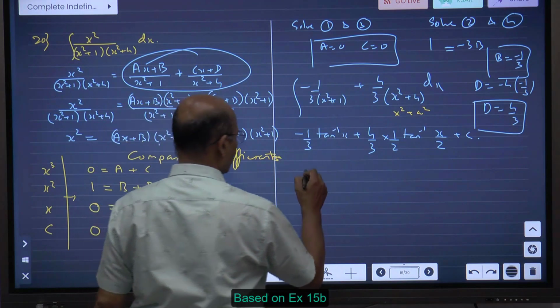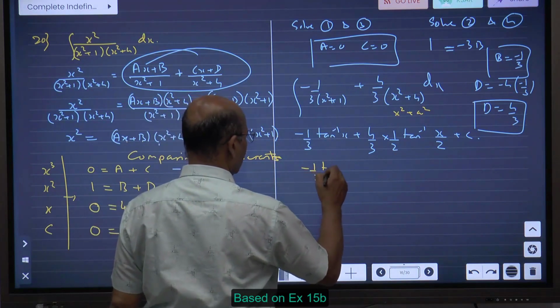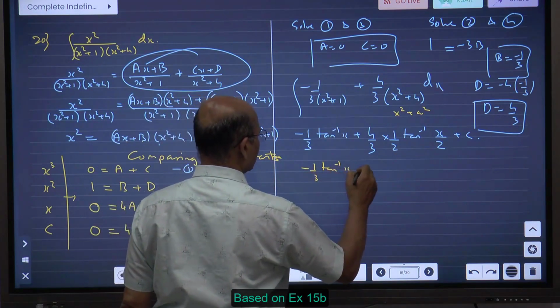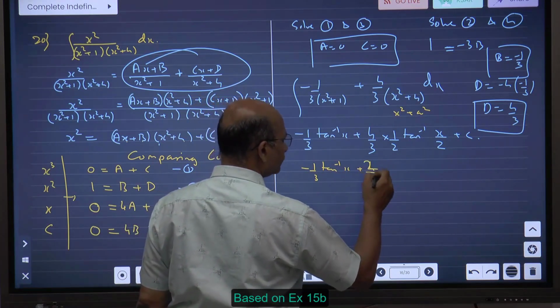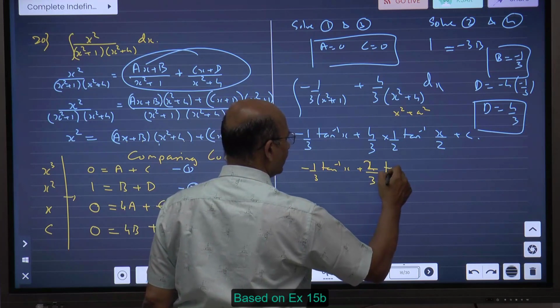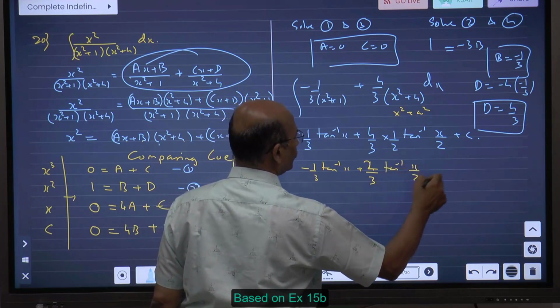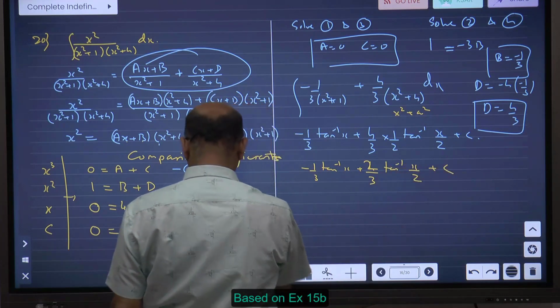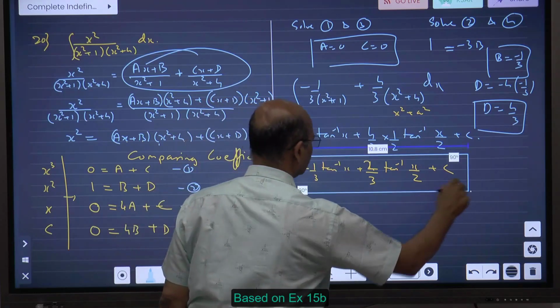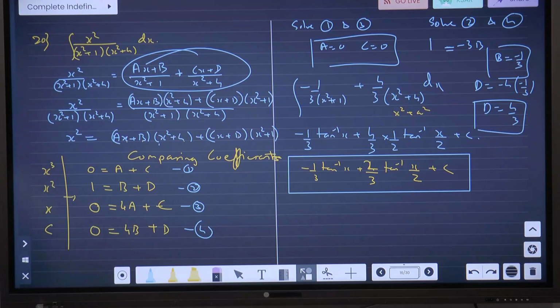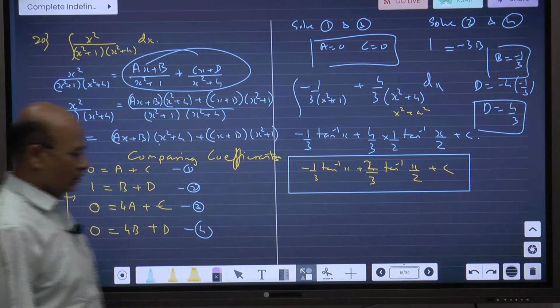So this is what it is, minus 1 by 3 tan inverse x plus 4 by, or you can say 2 by 3 tan inverse x by 2 plus c. So please understand this carefully there. 15b.